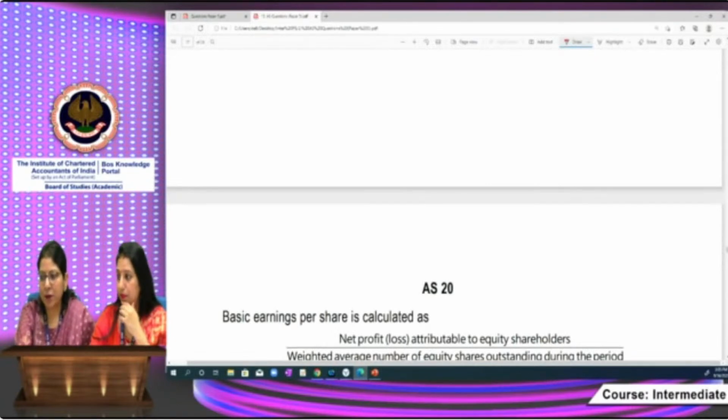Will it be completed before 26? Regarding our sessions, we are going to complete by 26. That is the reason we are starting the mock test from 27th. But regarding your revision, if certain topics are still pending with you to revise, then you have to speed up. You have to follow your timetable in such a manner that you complete your entire study, at least the first round of revision, by that particular date.